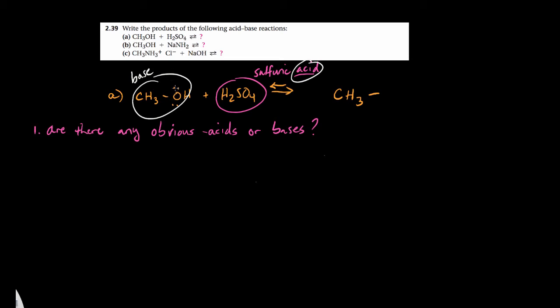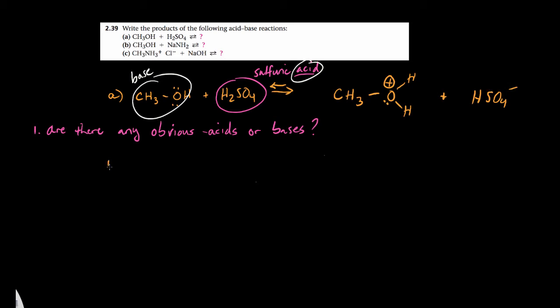And the only pair of electrons that's available is this lone pair on the OH, so we would write this like this, where you have OH2, the remaining lone pair, and then a plus formal charge. And then if you want to complete it, we've lost a proton from H2SO4, so that gives us HSO4 minus.